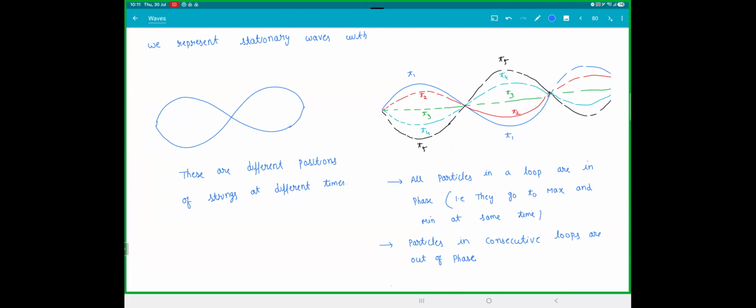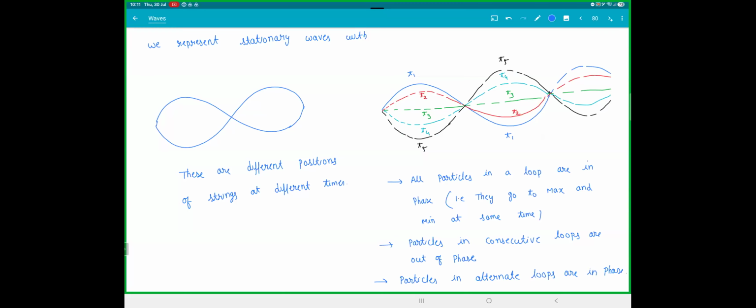So 1 is going up, 2 is coming down. Particles in alternate loops are in phase, meaning 1, 3, 5 are in phase. These are some good theoretical questions. That's a little about phase.